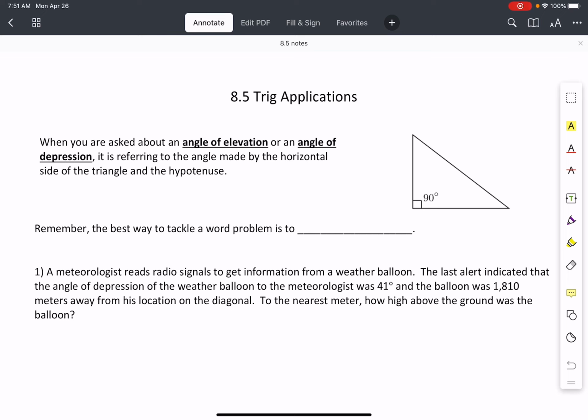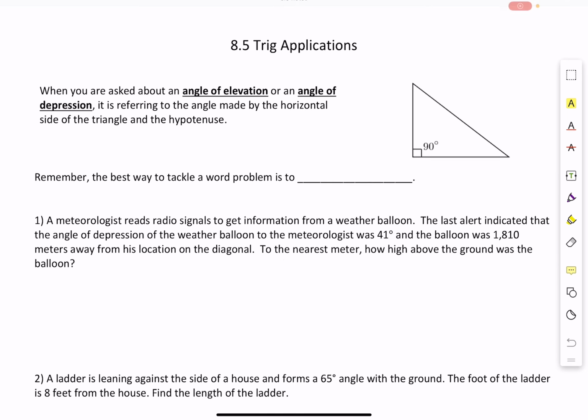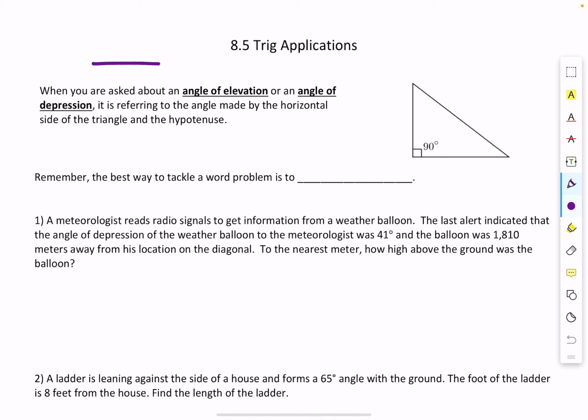Now, when you draw your triangles, you always want to start with the horizontal line. I start with the horizontal, and then the angle of elevation goes up. That's an angle of elevation.